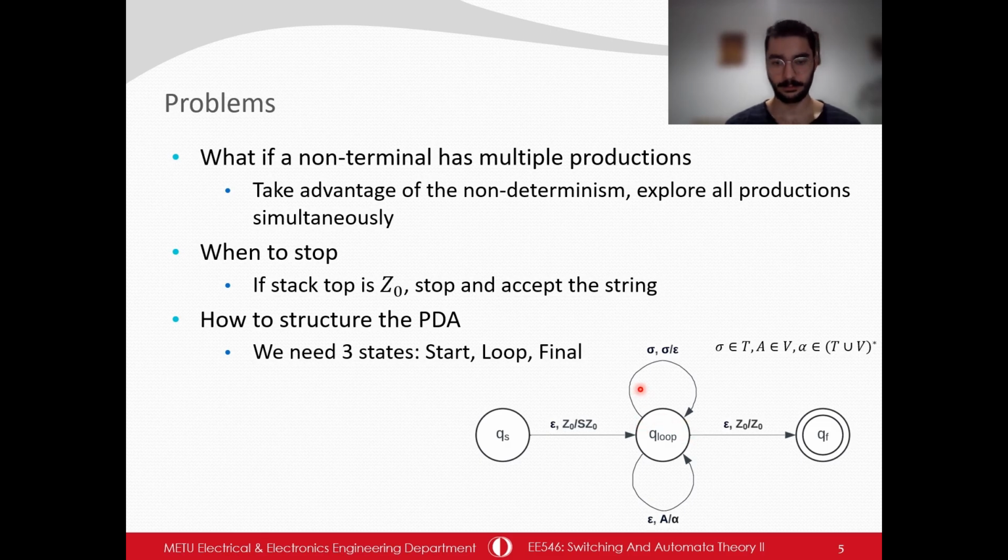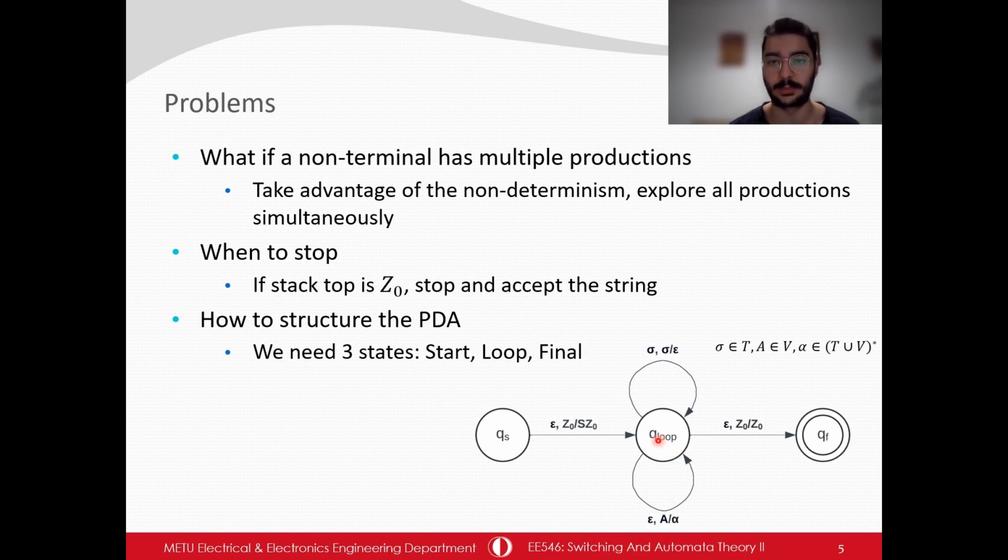For each terminal character in the CFG, we should have a transition that, on that terminal character input, we pop that terminal stack symbol if it's at the top of the stack. So we put all the corresponding transitions here, and then we should also have transitions corresponding to the non-terminal productions.